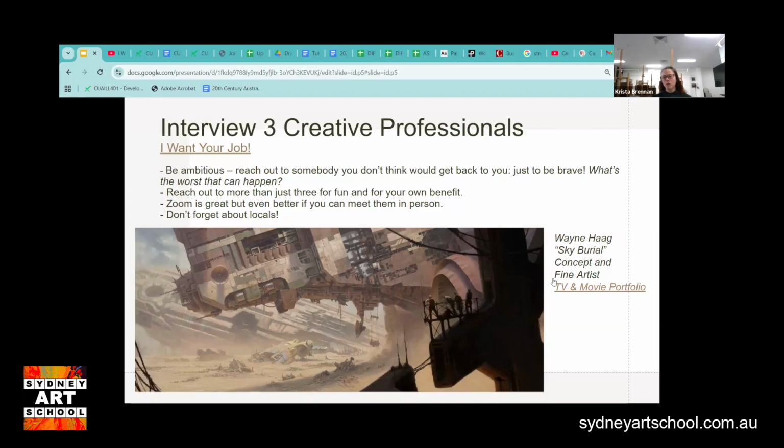And at the time he was working for a production company, and he would primarily do matte paintings. Matte paintings are the huge backgrounds that you often see in movies. This is many, many years ago now. We're talking 15-ish years ago.